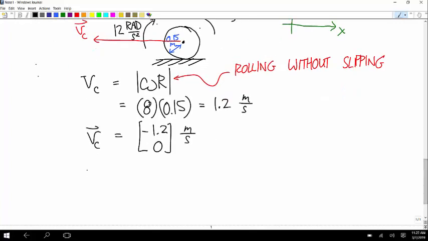And then the acceleration vector: the rolling without slipping equation says that this is equal to the absolute value of alpha r.